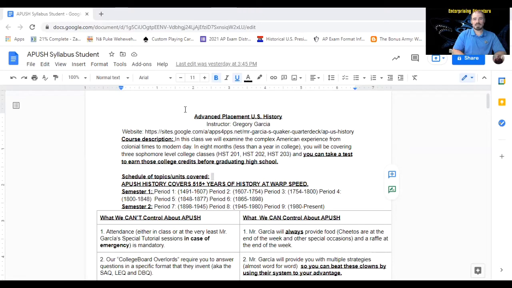We're talking about AP US History here. So the first prime directive, and perhaps the most important directive, especially if you're doing an AP class, is to outline what you can and cannot control.